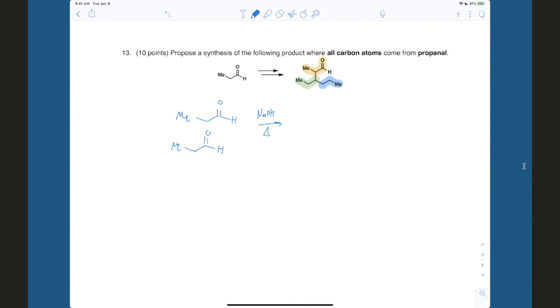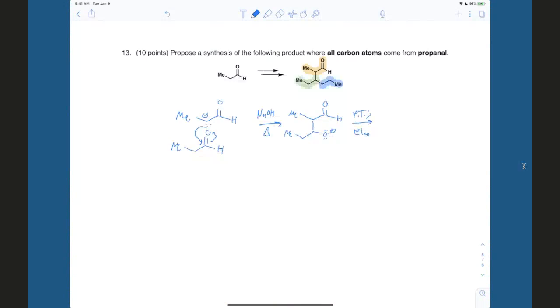With heat, this would end up making an enolate doing the 1,2 attack, and then proton transfers and the E1CB.